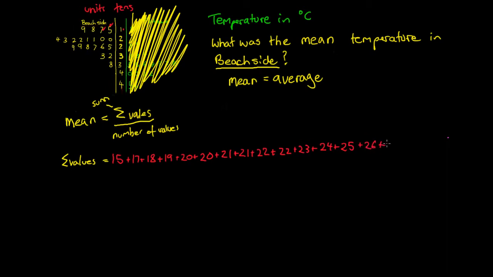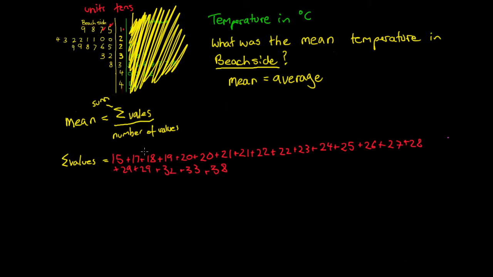This is taking a lot longer than I thought it would, but I'm up to 28 now. And we add 29, we add another 29, 32 is our next value, 33, and our last value of 38.